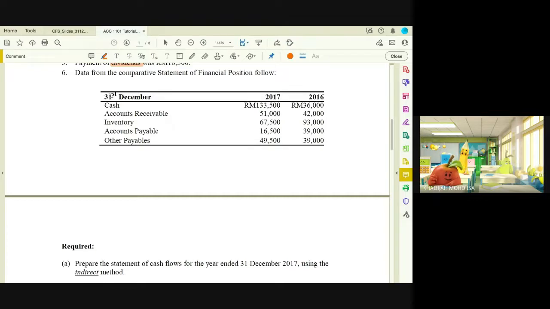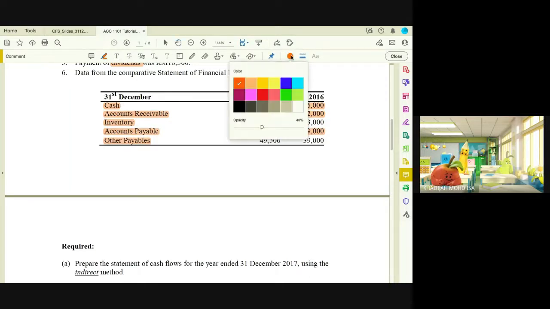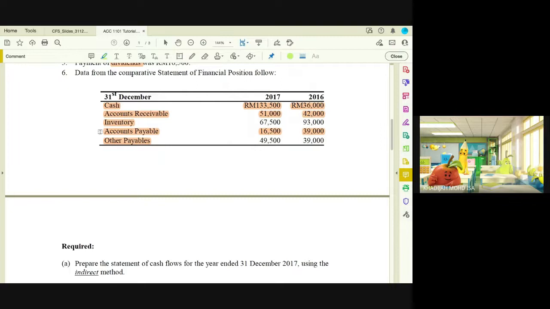So these three items are your assets, but let us put a different color, so this one is your current liabilities.